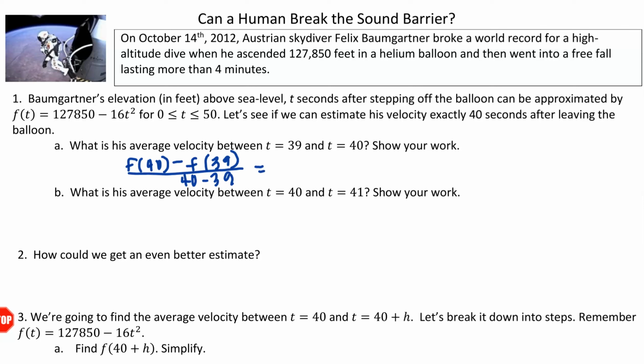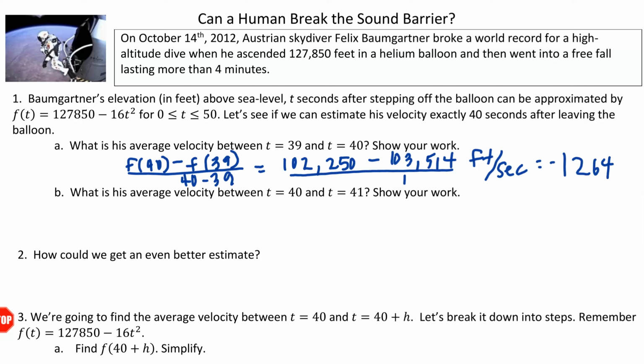So you get 102,250 minus 103,514, and then divided by 1. And that's feet per second. So that's negative 1264 feet per second.